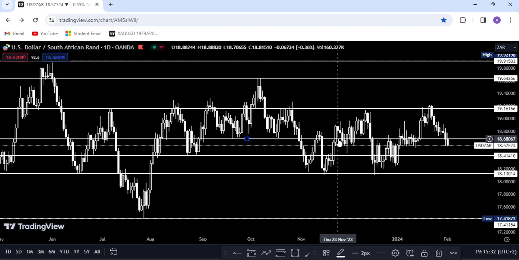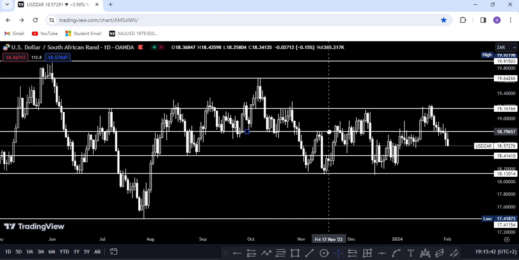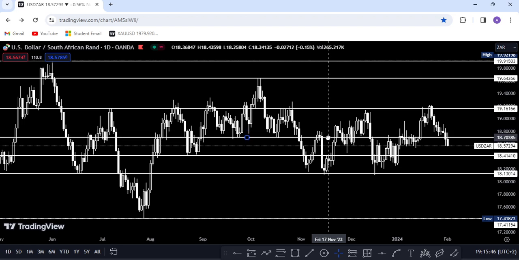Okay, now this is the daily time frame, and these are all the places that I need to pay attention to.